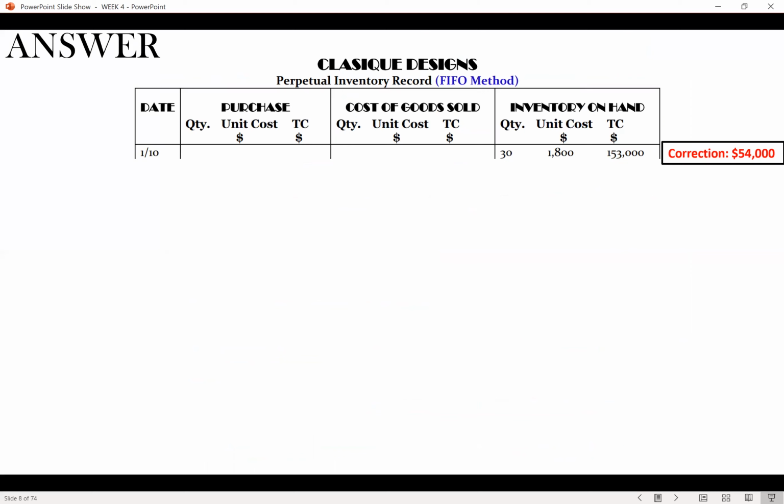It gave us quantity and total cost, so dividing the total cost, 54,000, by the quantity, 30, we know the cost for one pair of shoes is $1,800. So that was the 1st of October, because that's the last quarter.